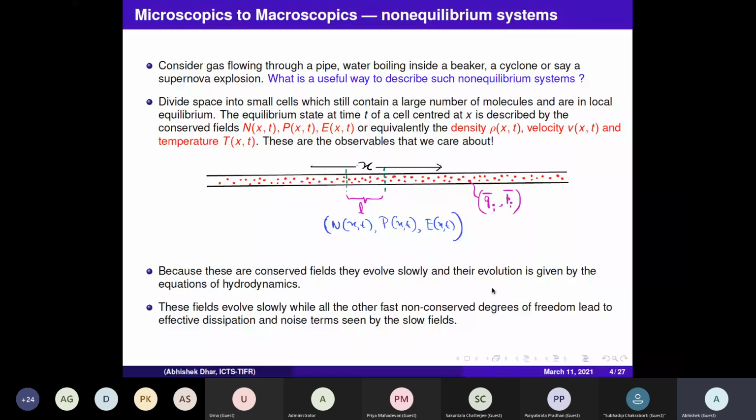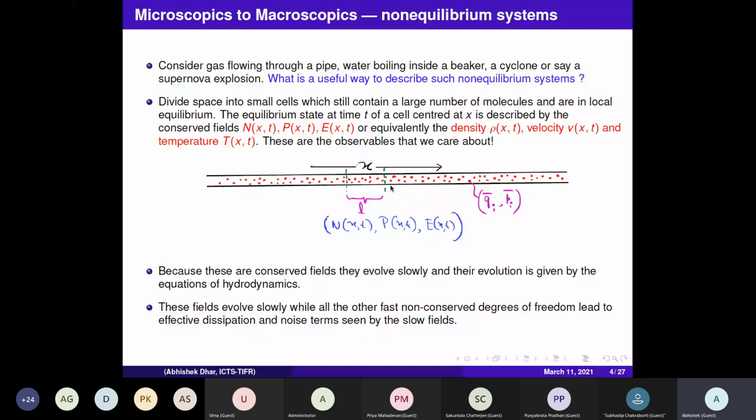The basic idea of hydrodynamics is this: supposing I have this picture of gas inside a tube, which might be at different temperatures at two ends, or there might be water flowing through this tube. Now what we can do is break it up into blocks of size L, which are small but still contain a large number of particles. Each L might have 10,000 or 100,000 particles.